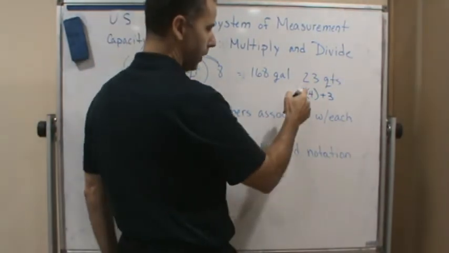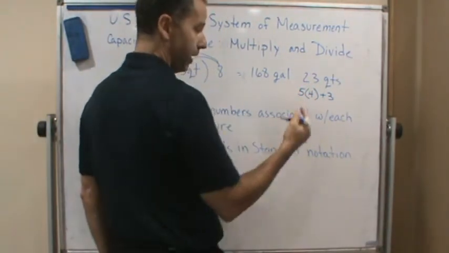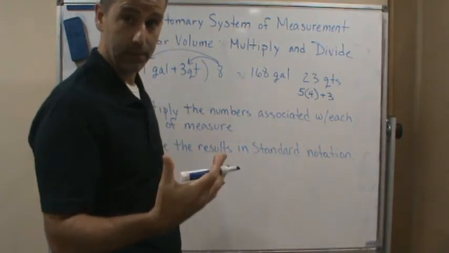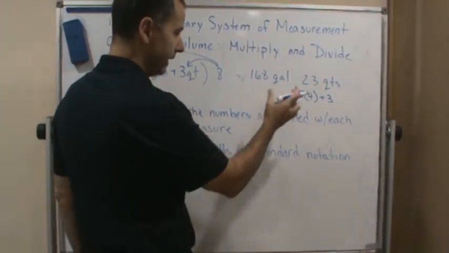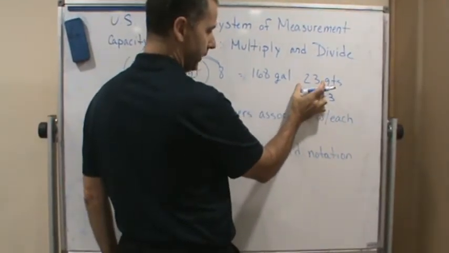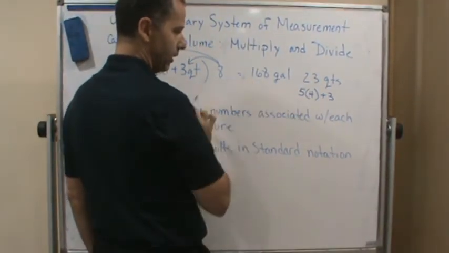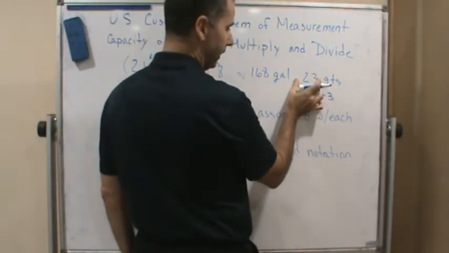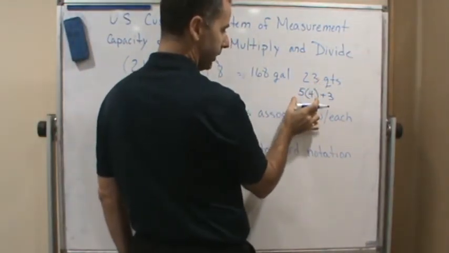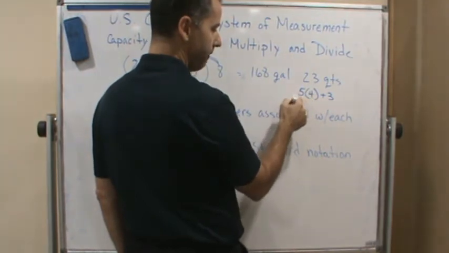All I'm doing is, again, let me just reiterate: every 4 quarts is a gallon. I need to take as many of the gallons from here and add them to here to put it in standard notation. So how many groups of 4 can I pull out of there? 5.